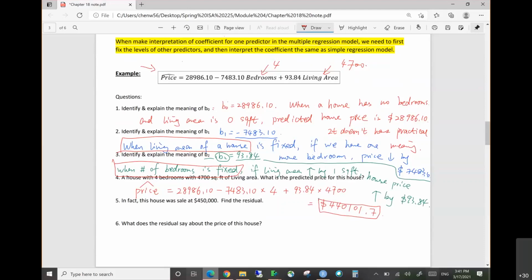All right, next question. In fact, this house would sell for $450,000. Find the residual. Again, how can you find the residual? The residual equals the observed value minus the predicted value, right? So what is the observed value? What is the observed y?